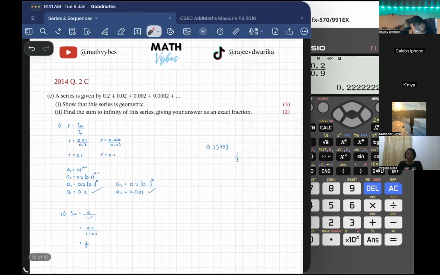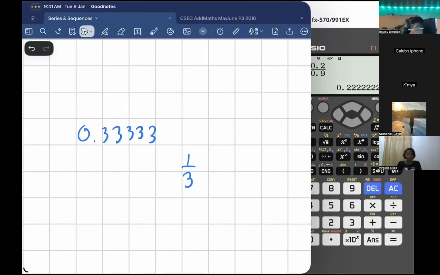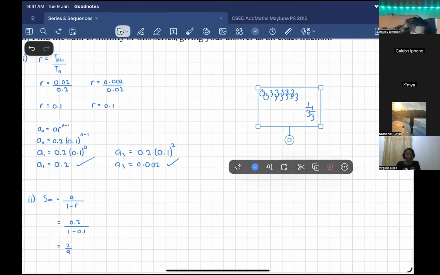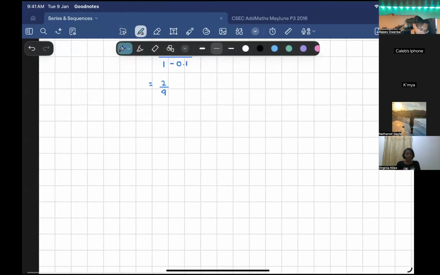Cool. Now let me show you guys how we could utilize that for this question over here. Let me look at this question like if it was on a pure maths paper, right?